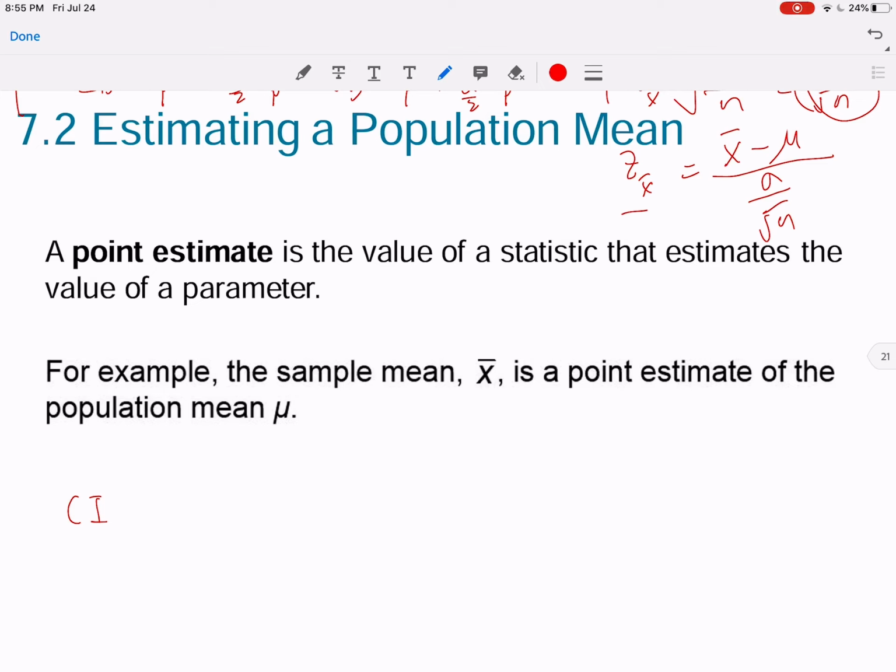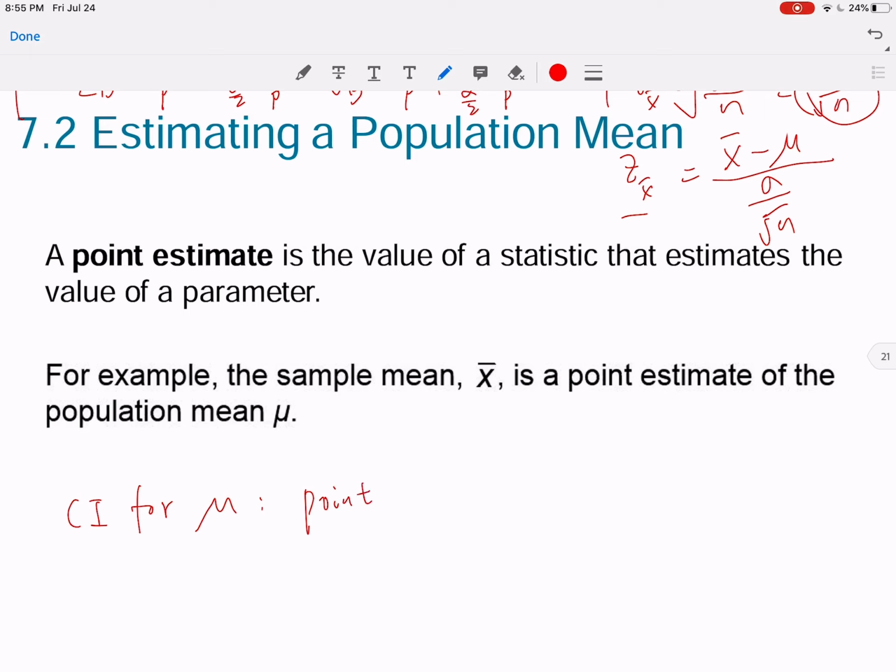If we want to construct a confidence interval for the population mean, then that would be the point estimate x bar plus or minus z sub half alpha times, I will use a general form, so the confidence interval would be the point estimate plus or minus the margin of error E.